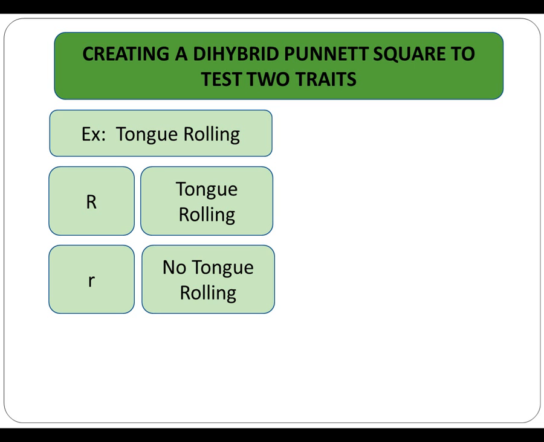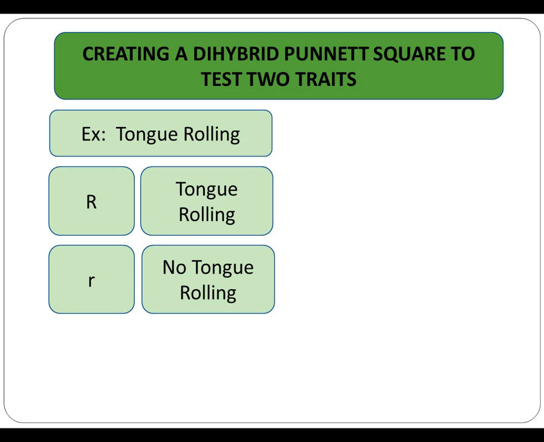We'll use the lowercase r for the inability to roll your tongue. You can practice this at home later. The musculature in some people's mouths is such that they can do that or they cannot. So that's trait number 1, the ability to roll your tongue or not. Dominant ability to roll, recessive inability.